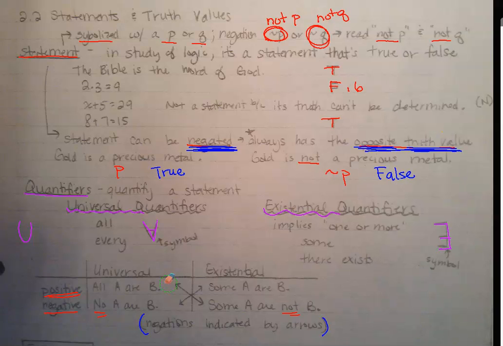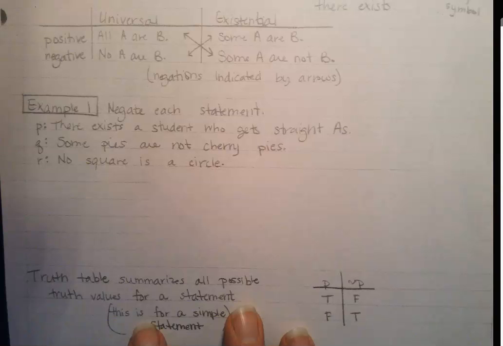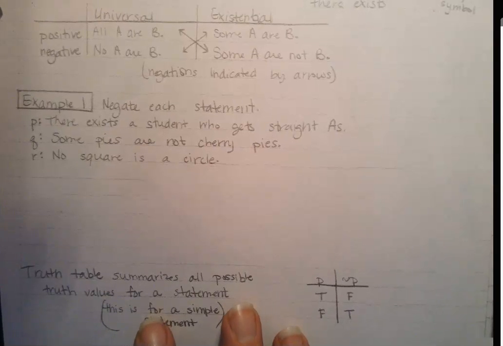Okay. Then let's put this into action. Example 1 says negate each statement. The first one: there exists a student who gets straight A's.